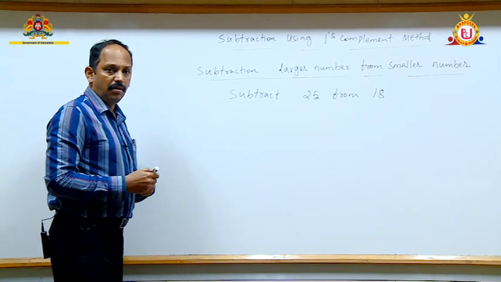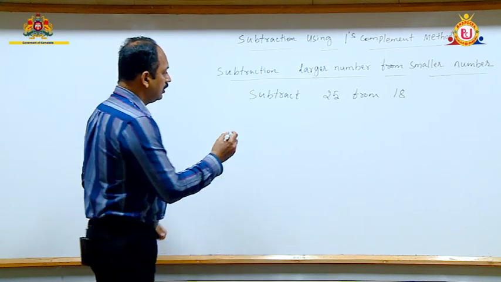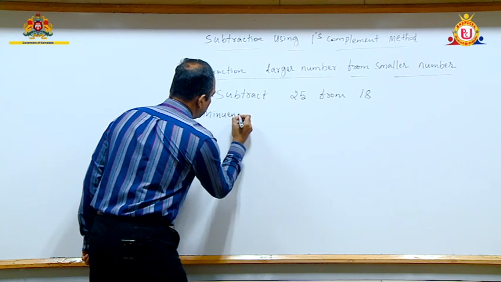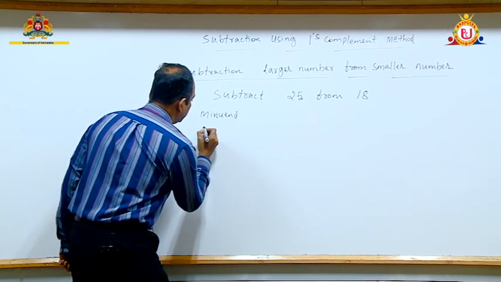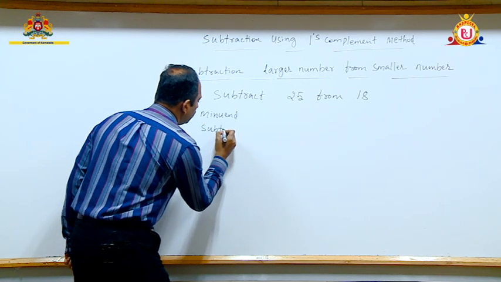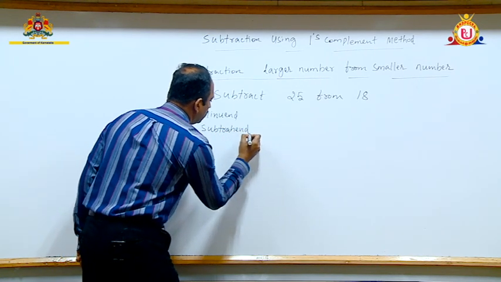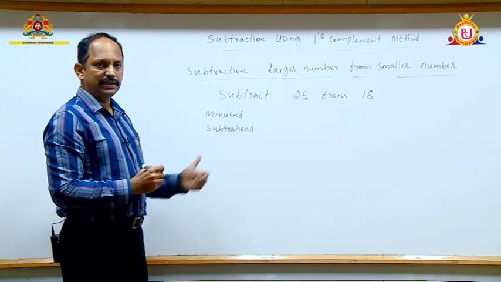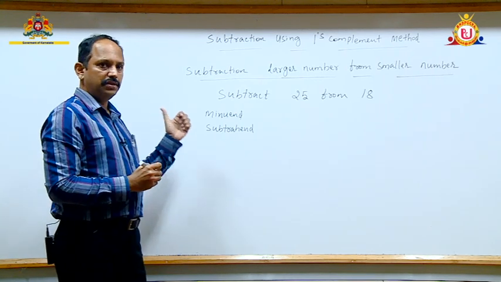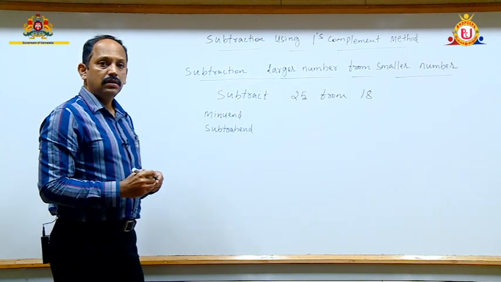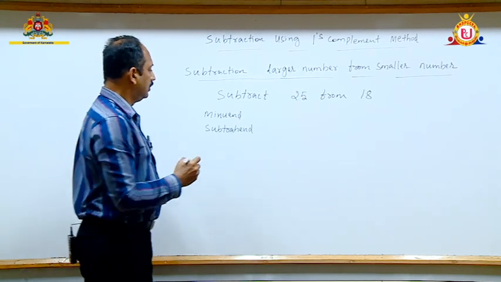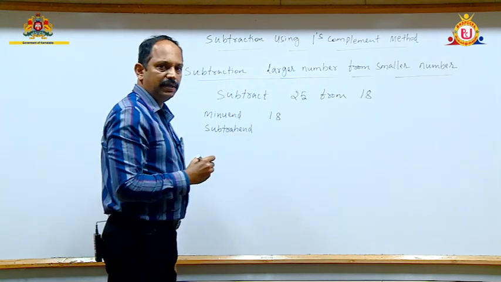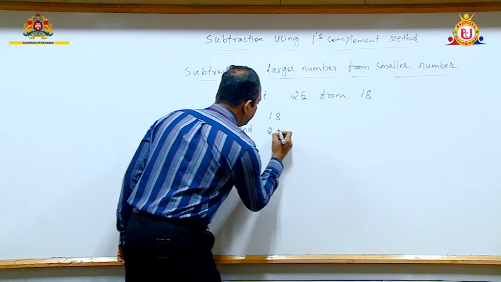The topmost number in the subtraction is called the minuend, and the bottom value is called the subtrahend. Let me write these two numbers in the respective places before we actually solve using the ones complement method. So, the minuend value here is 18 and the subtrahend value is 25.